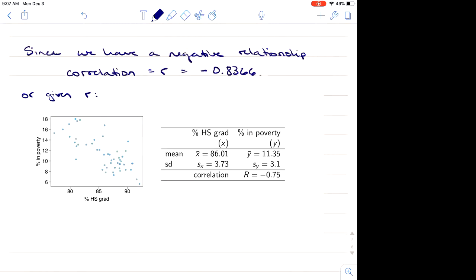So you need a scatter plot. First thing I would do is get you to describe this relationship, which we already did. We have a strong negative linear relationship.